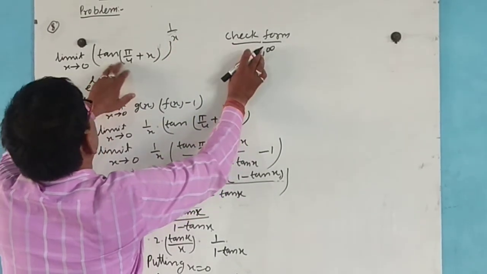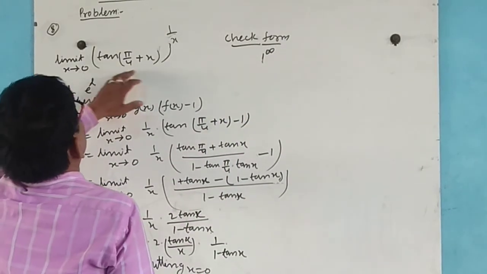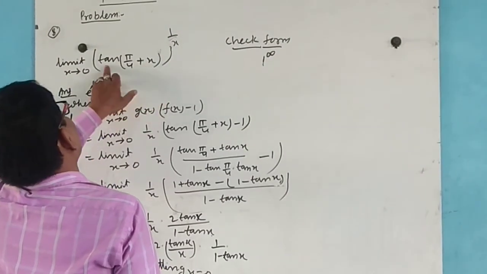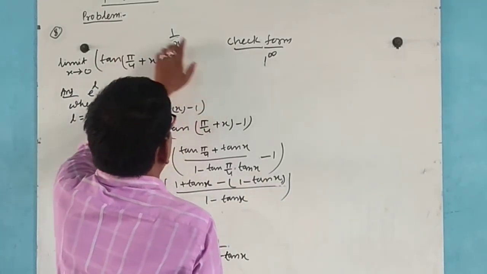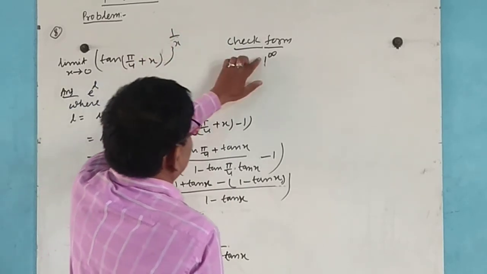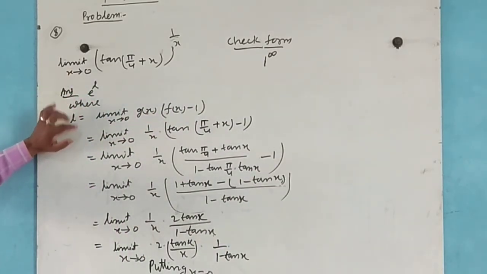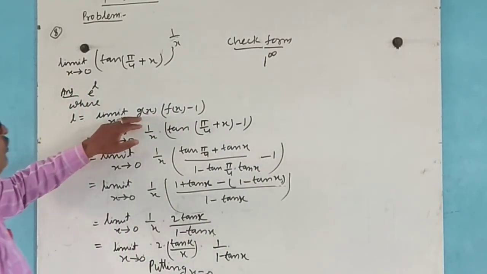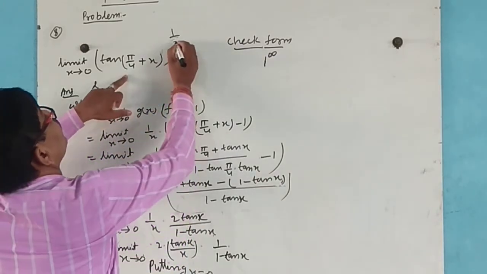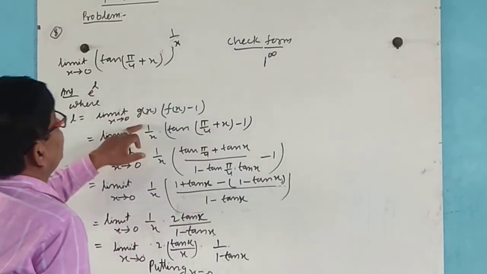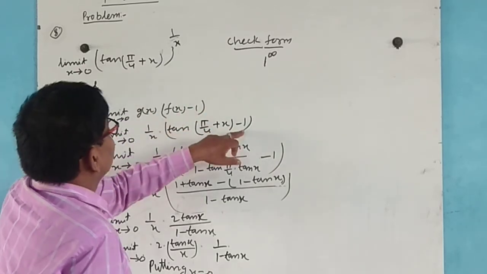Check for tan: here x equal to 0, tan pi by 4 equal to 1, and 1 by 0 equal to infinity, so this is the 1 to the power infinity form. Now the answer is e to the power L, where L equal to limit x tends to 0, g(x) into f(x) minus 1. g(x) is 1 by x and f(x) is tan of pi by 4 plus x, minus 1.